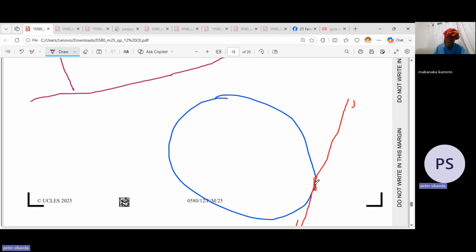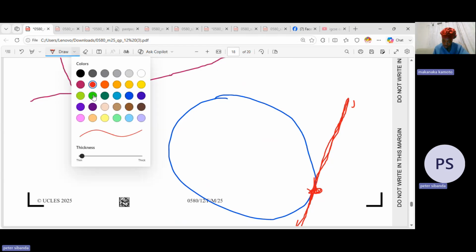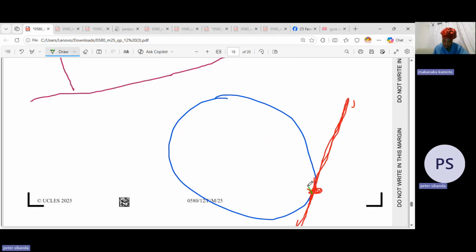Then from this point of contact, we can have a chord for this circle like this. That's a chord. Okay, it's a chord if it gets to the circumference again. Right. Now that's a chord.